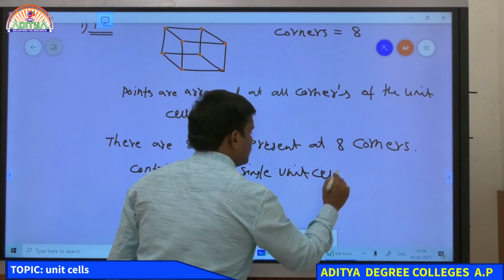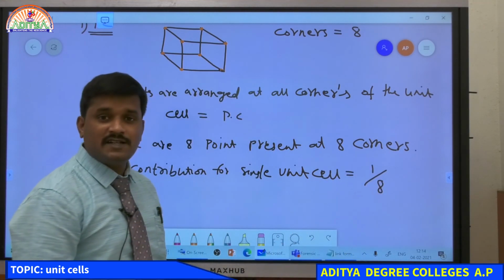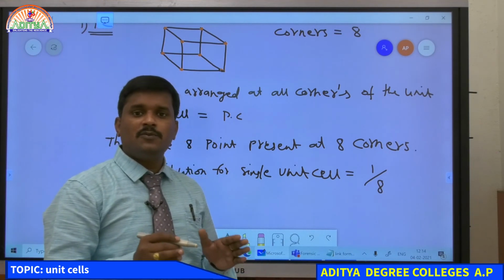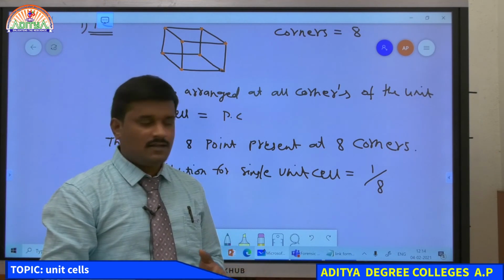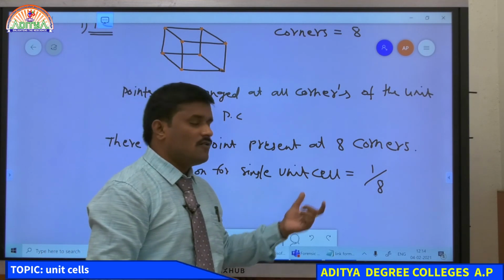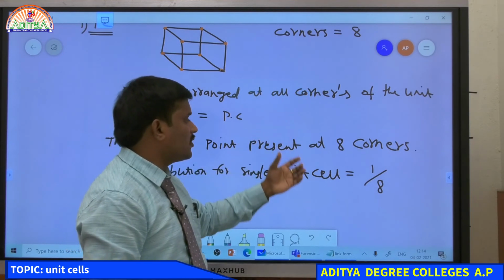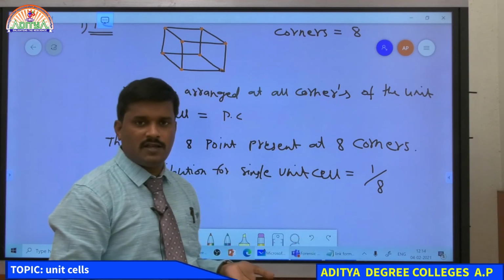A single unit cell gets only 1 by 8 from each corner point, because the point present at a corner is shared by 8 unit cells. Therefore, for each unit cell the contribution is only 1 by 8. So totally there are 8 points, but each point's contribution to a single unit cell is 1 by 8.